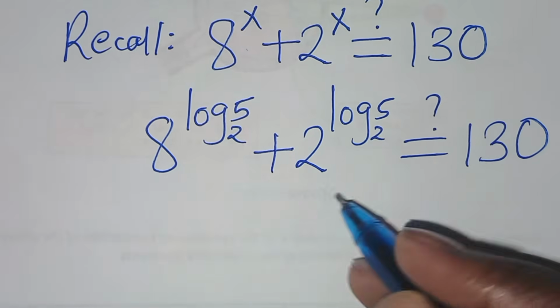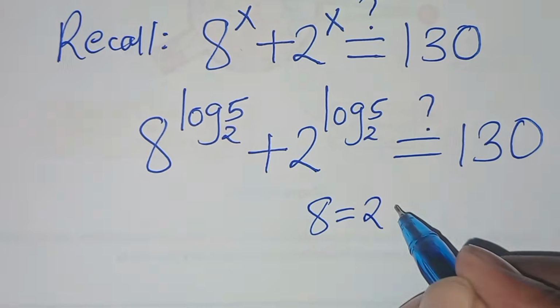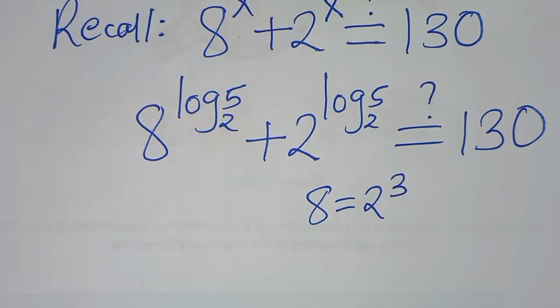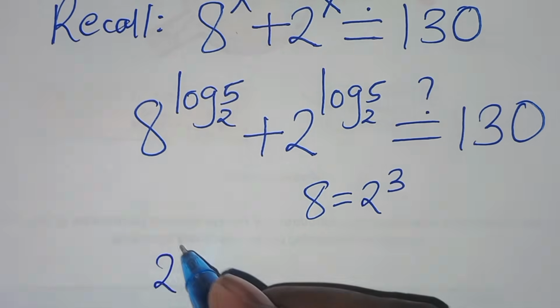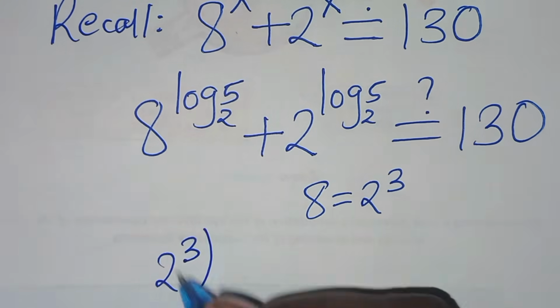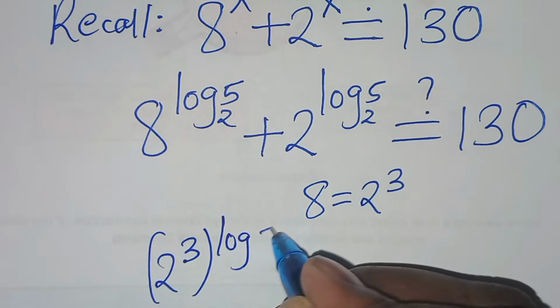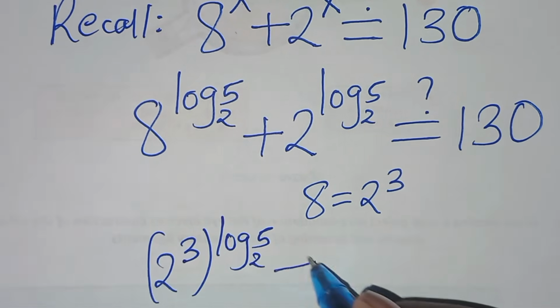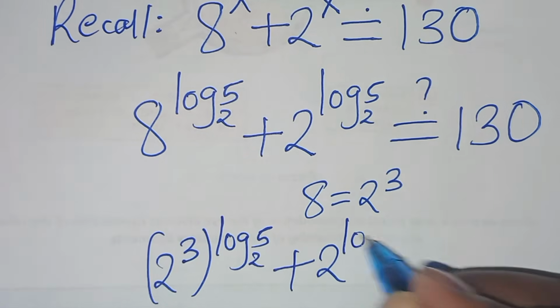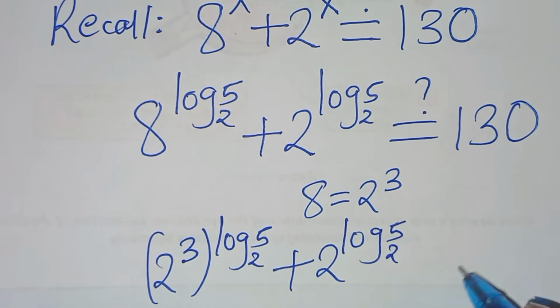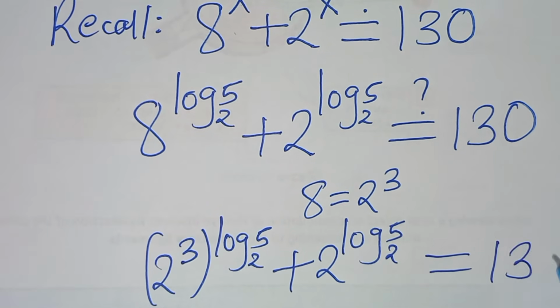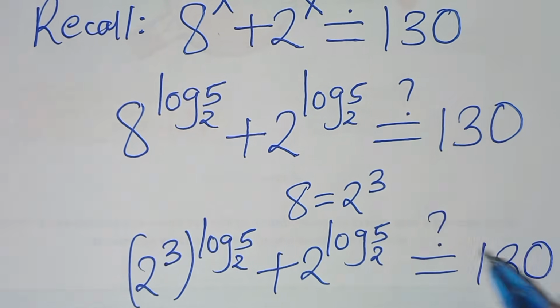Now, we can express 8 as 2 to the power 3. So we have 2 to the power 3 raised to the power log 5 to base 2, then plus 2 to the power log 5 to base 2. This is supposed to give us a value of 130.